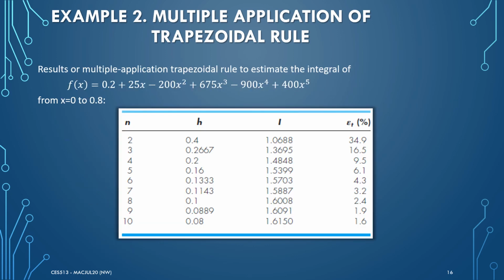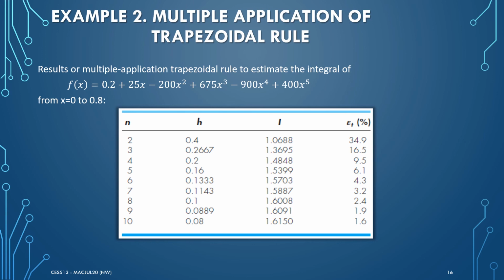The table here shows the results of the multiple application trapezoidal rule to estimate the integral of the function in example 2. The function is integrated from x equal to 0 to x equal to 0.8.